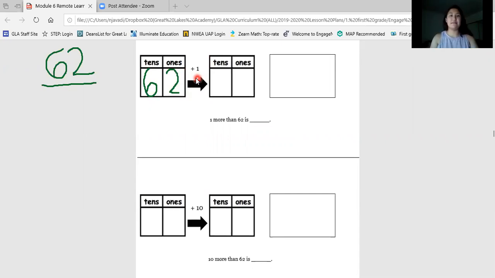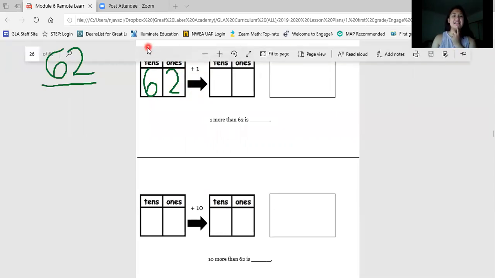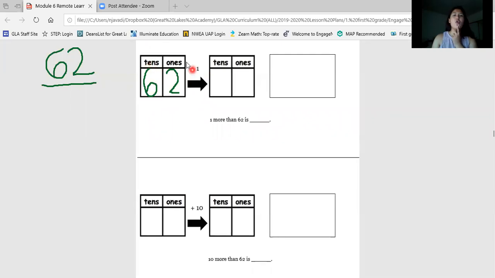That's right. We see plus 1. If I'm adding 1, do you think I'm going to add to the tens column or to the ones column? Raise your hand for tens. Raise your hand for ones. That's right. I'm going to add to the ones column because we're only adding 1 more.